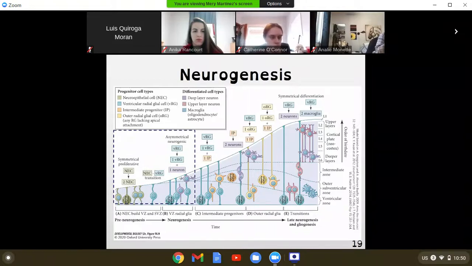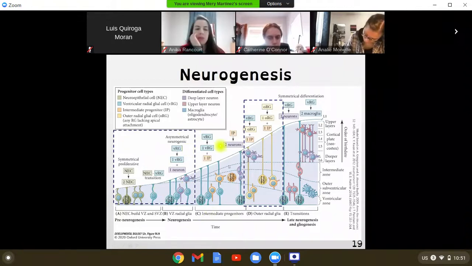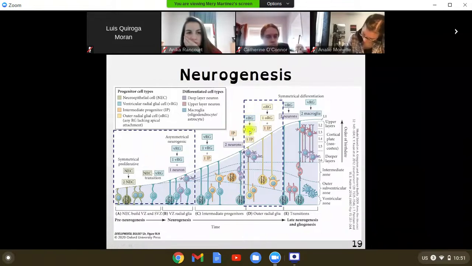So we also have the outer radial glial cells, that is the ones that have, I think, here we go. So this is the intermediate progenitors, continuing with an asymmetrical neurogenesis, but in this case we have the ORG, this is the outer radial glial cells. And we see how they still divide asymmetrically, right? Or we have the intermediate progenitor. The intermediate progenitor is the IP over here.